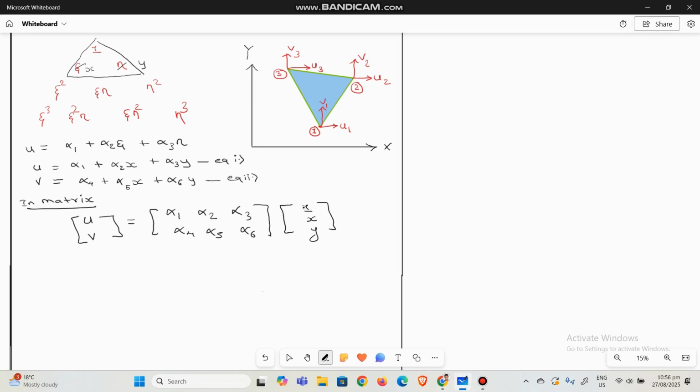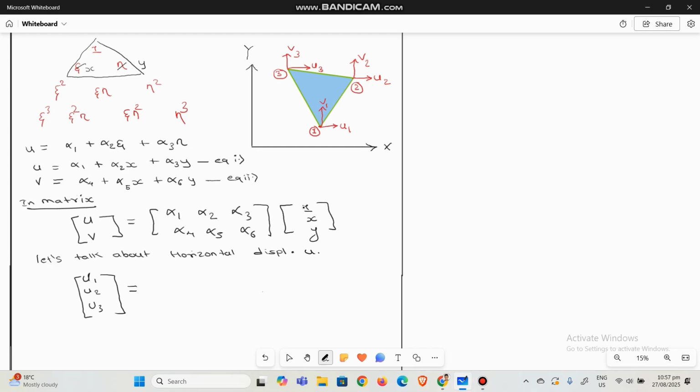So this is going to be easier for us to represent. As we know, for each node, there is u1 v1, u2 v2, and u3 v3, which has to satisfy this equation. So let's talk about horizontal displacement u. For 3 nodes, we will have u1, u2, u3.